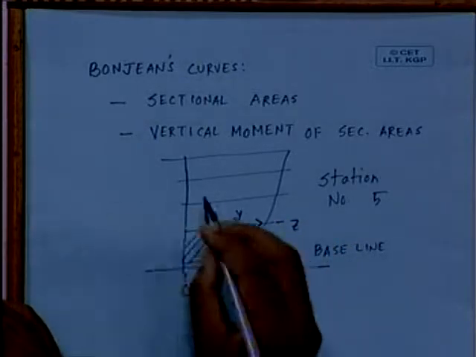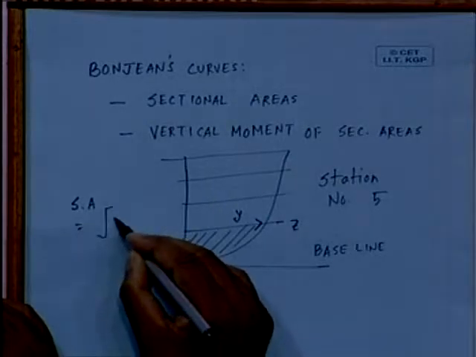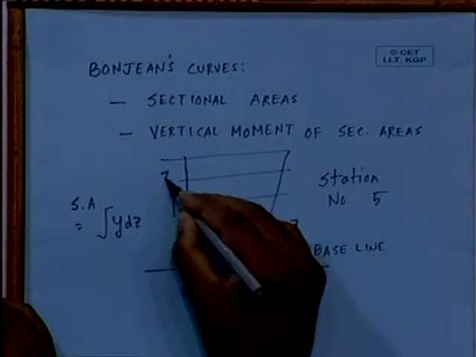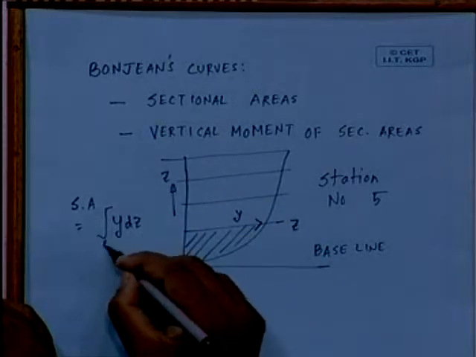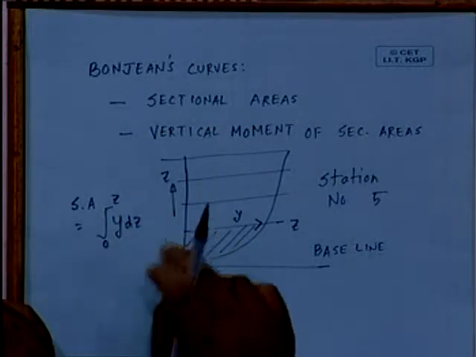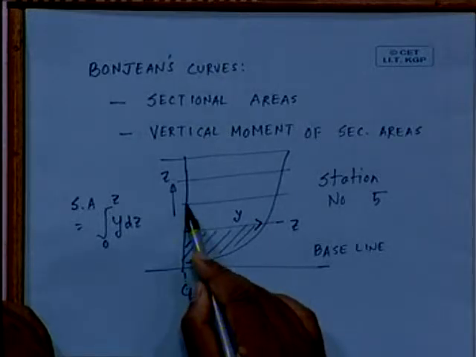So what we need to find out, section area is the integration of y dz, because this is my z, from 0, from bottom to some level z, some water line. That means this is my water line number 1, water line number 2, water line number 3.